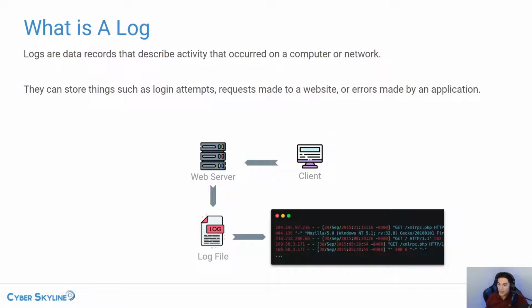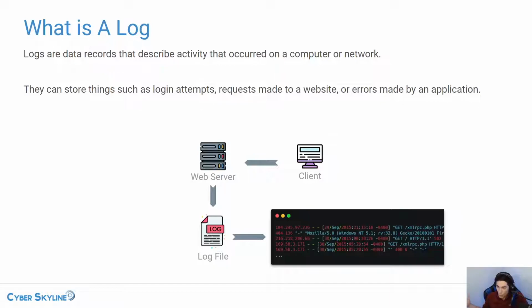As an example, you might have some programs that allow people to log in remotely. You might have an application that records all of the login attempts to a computer. You might also have a website, and that website might have a bunch of different requests that people are making to it. The software that handles remote login or remote desktop is different from the software that handles the website. And so there are two different pieces of software that have their own individual logs.